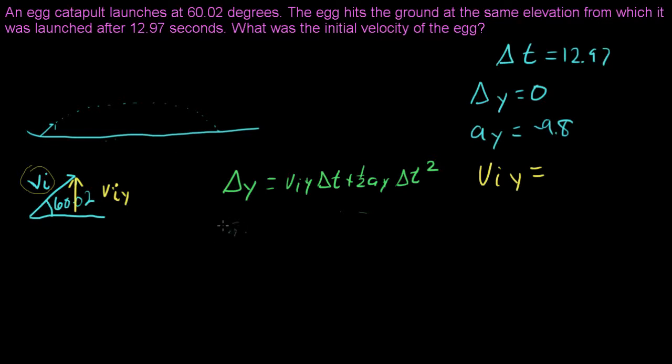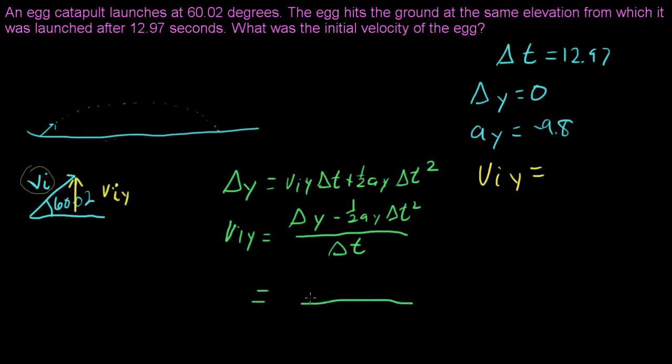So rearranging this, we get VIY equals delta y minus 1/2 ay delta t squared divided by delta t. Alright, so that's not so bad.